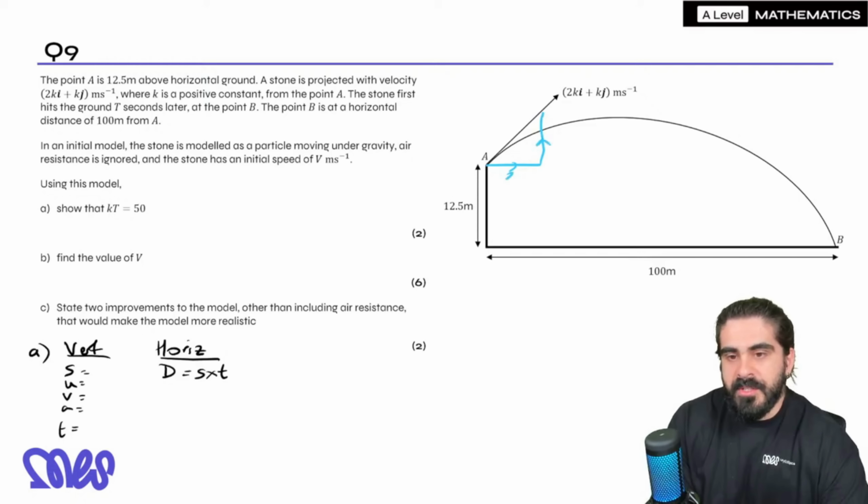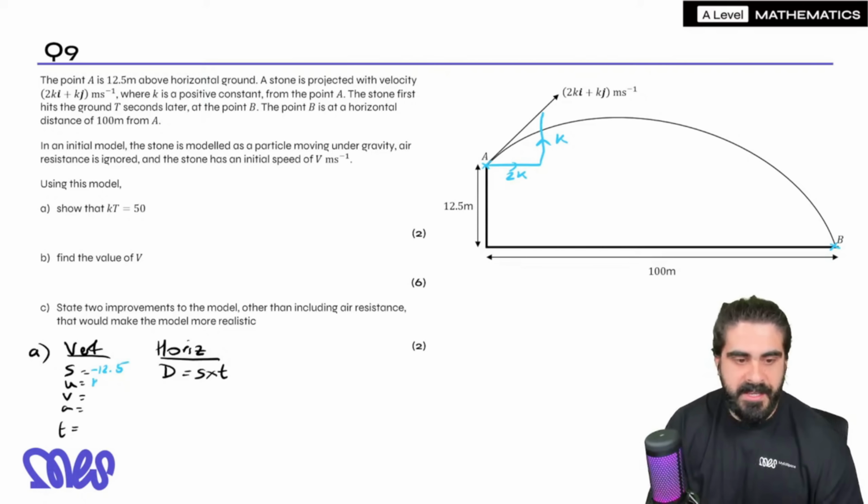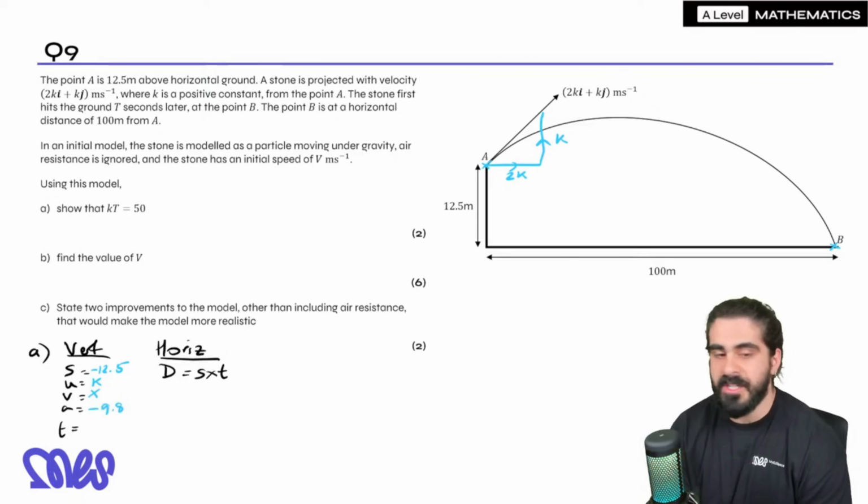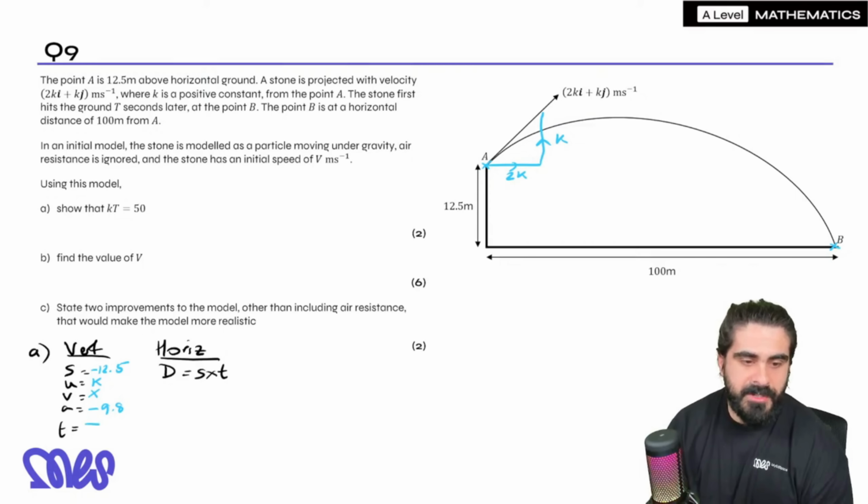The horizontal is 2k, and the vertical is just k. So for the vertical, when we hit B, we know we're below our point of projection, so it'll be minus 12.5. U is up, that's k. V, we don't know when we hit B. A is negative, because we're projecting upwards. And we don't know what the time is when it hits there.